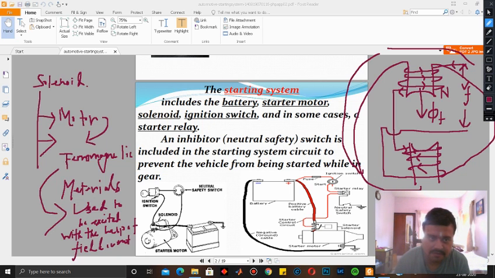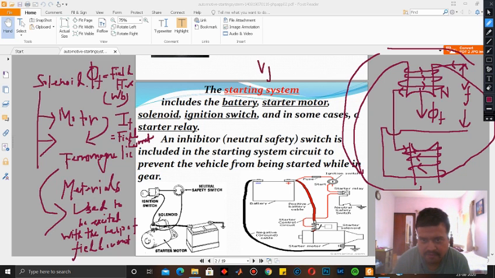And this phi f is called field flux, whose unit is Weber, and IF is called the field current. And Vf is called the field voltage.